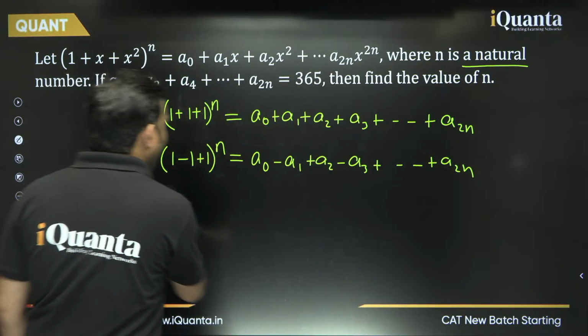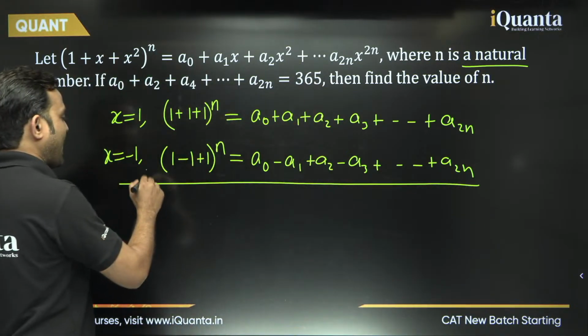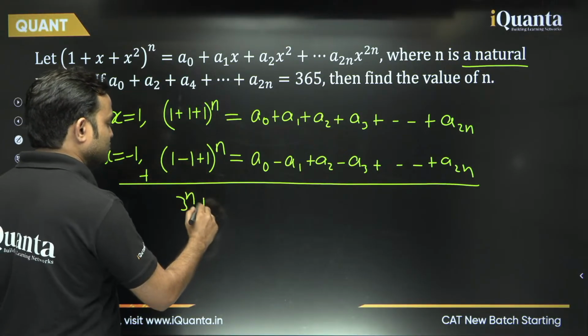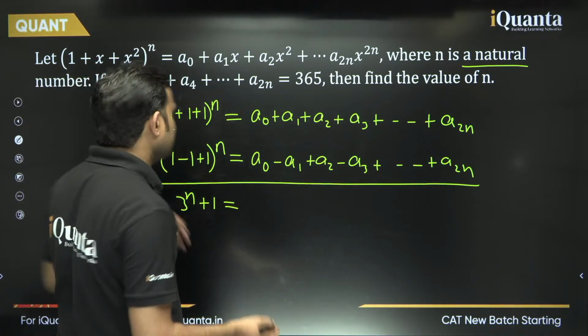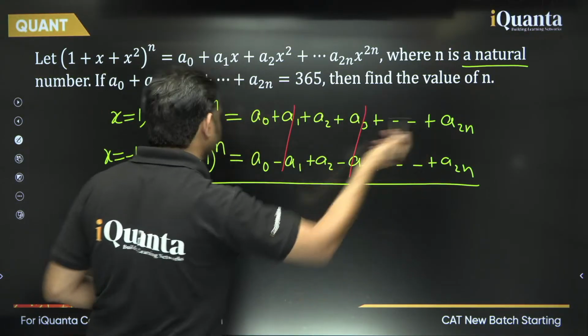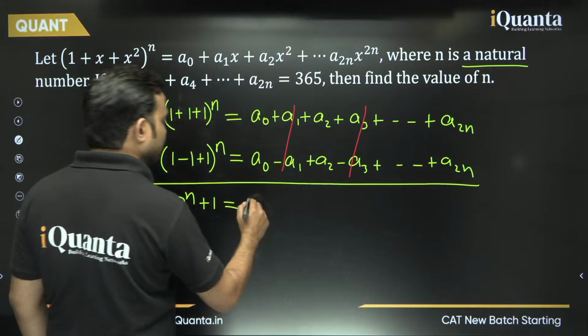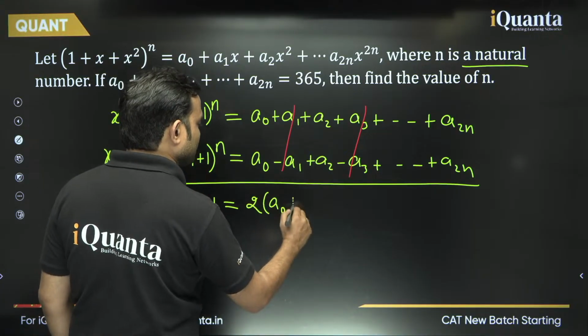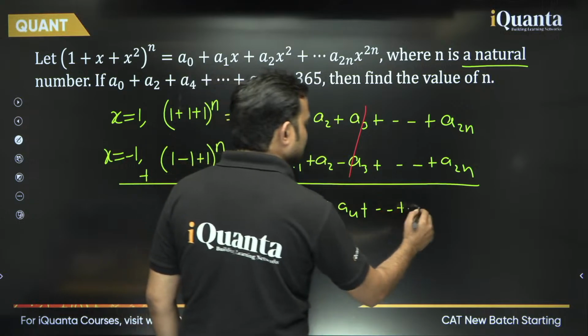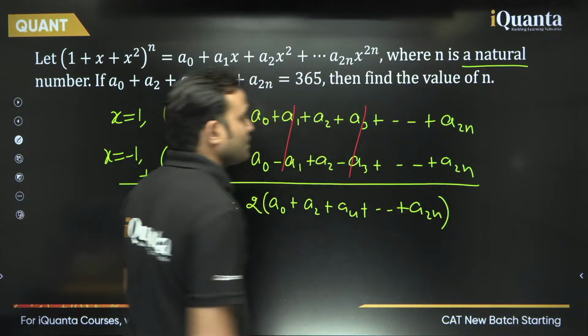Now if I add these two, this will be 3 to the power n, this will be 1, so 3 to the power n plus 1. The a1 term will be cancelled out, the next term will be cancelled out as well. So what do we get? Ultimately we are getting 2 times (a0 plus a2 plus a4 till a2n).